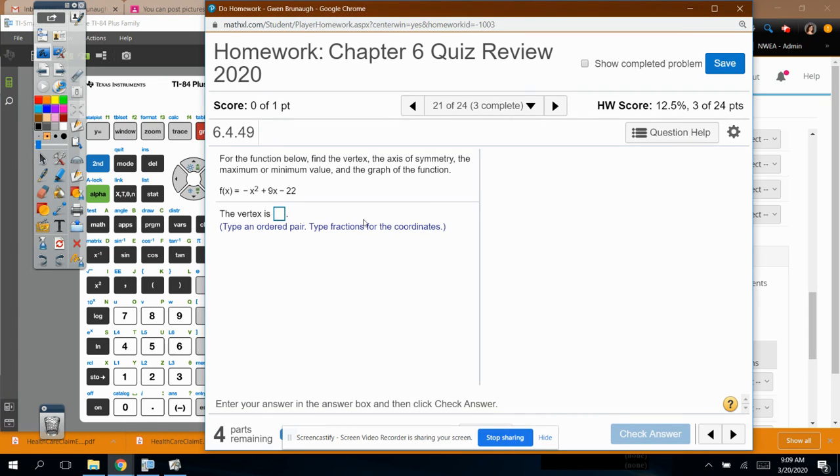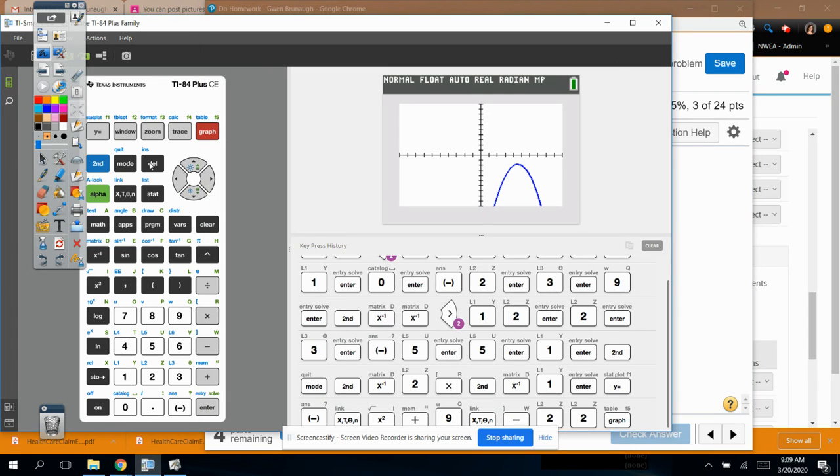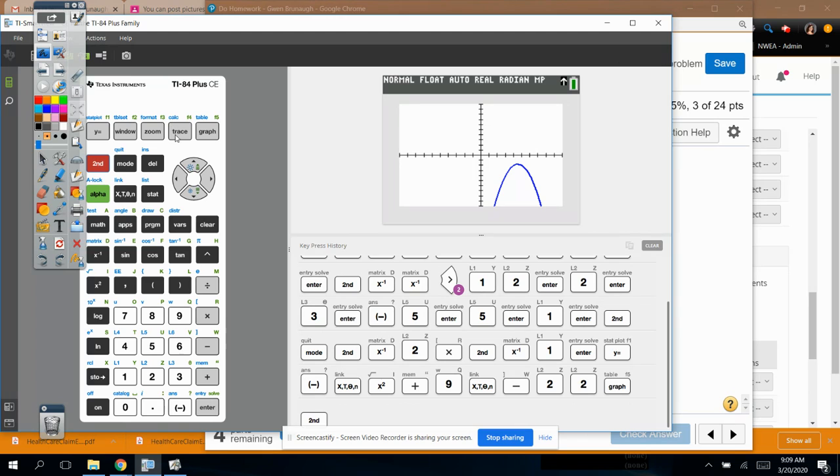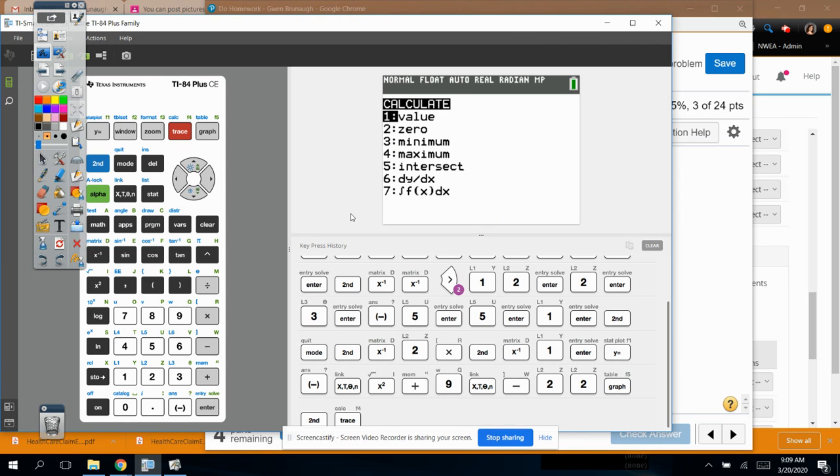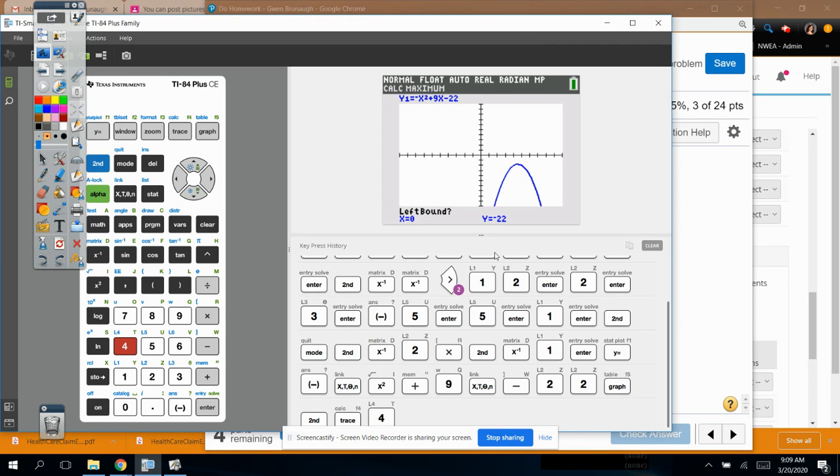The first thing they want to know is the vertex. So we're going to do second calculate, second trace, and we're looking for that maximum value. Left bound: you have to hit the left arrow until you're on the left side of the vertex, and we should already be there. There's our cursor, so hit enter. Right arrow until we're on the right side of it.